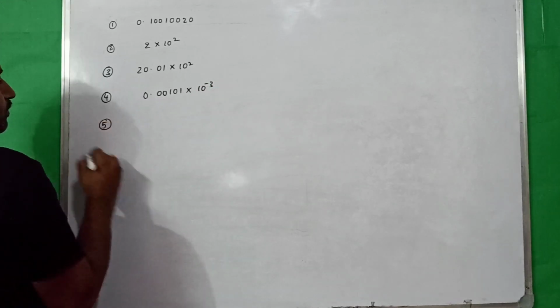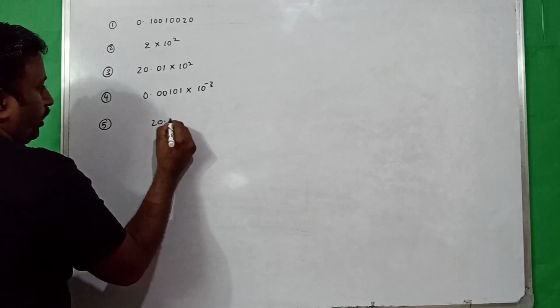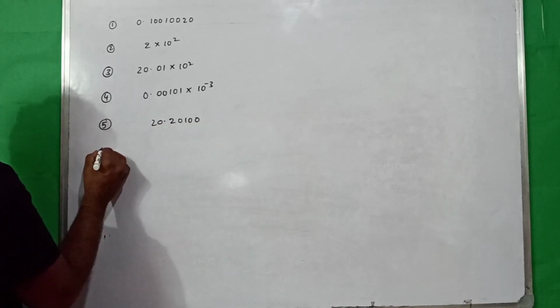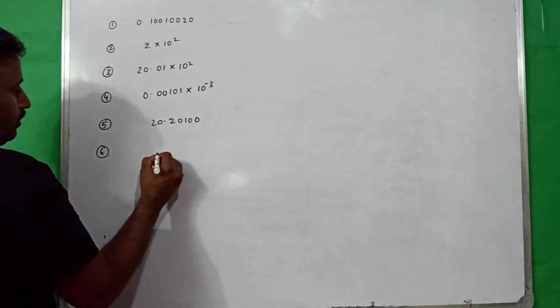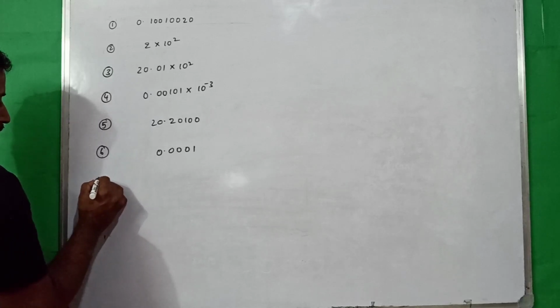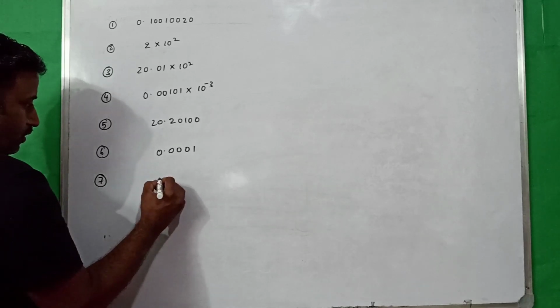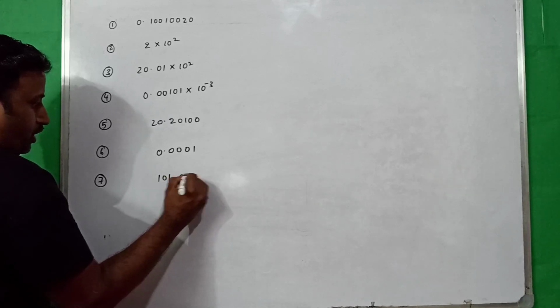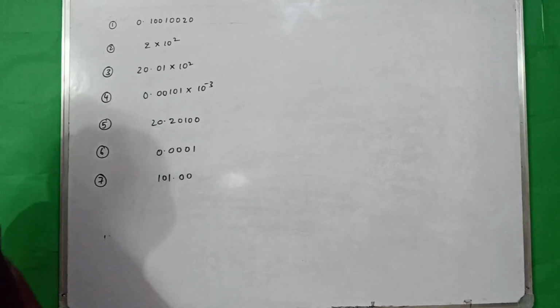Fifth one, 20.20100. Sixth one, 0.0001. Seventh one, 101.00. Find the number of significant figures in these.